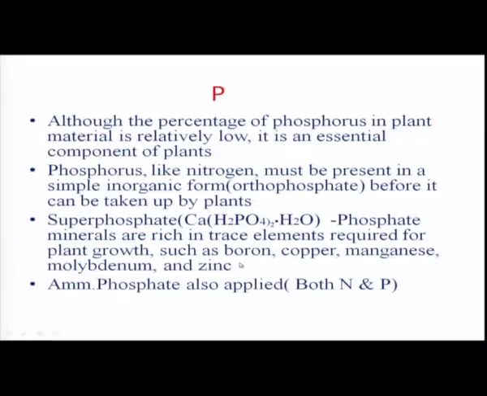Phosphate minerals are rich in trace elements too. The fertilizer we add is also rich in other trace elements required for plant growth, such as boron, copper, manganese, molybdenum, zinc, etc. Another fertilizer is ammonium phosphate, DAP, diammonium phosphate, which is sometimes added as a soil nutrient. In this case it provides both nitrogen and phosphorus, which is required very much for plant growth.